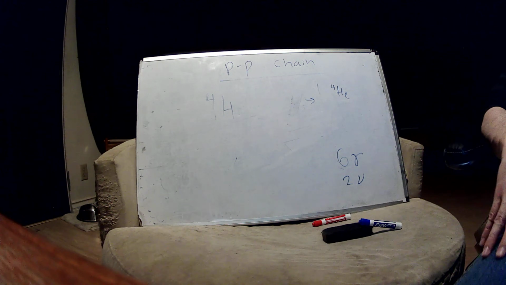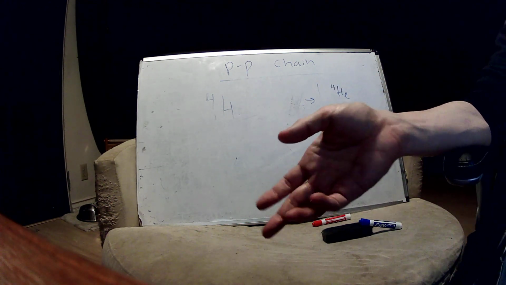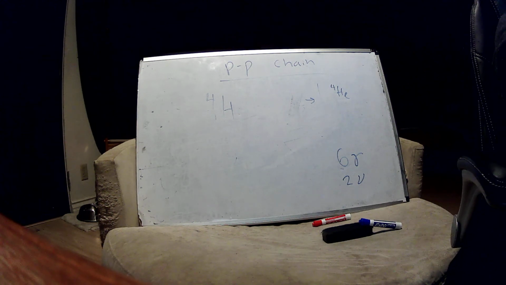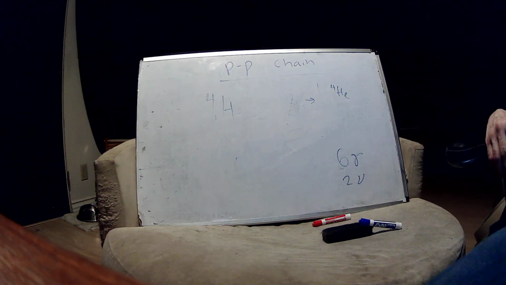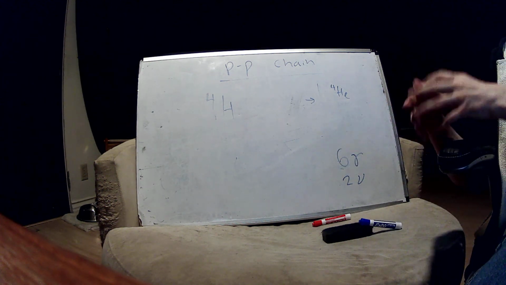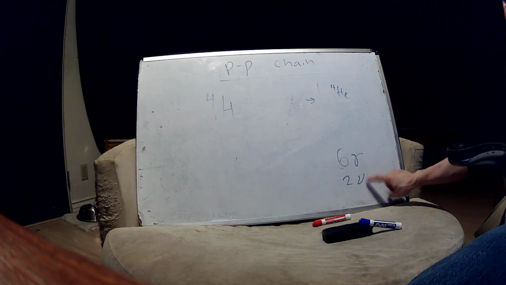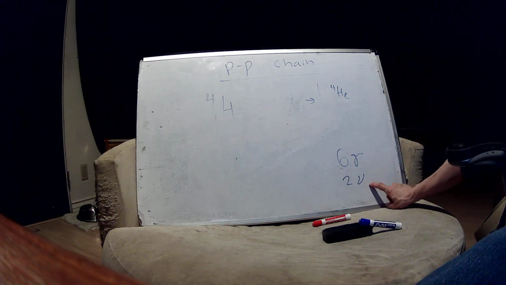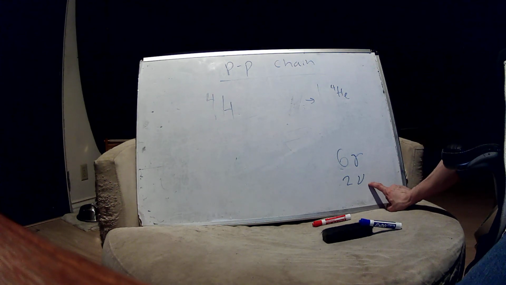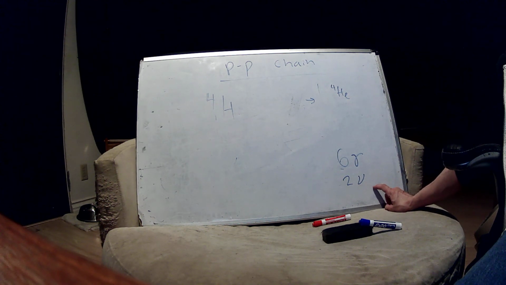Now, if this is what's actually going on inside the core of a star like our sun, then we should probably know how many reactions are going on per unit time, since we know the amount of energy that's being released. And that means we should know how many neutrinos, how many of these tiny little, almost massless, completely chargeless particles are being released per unit time.